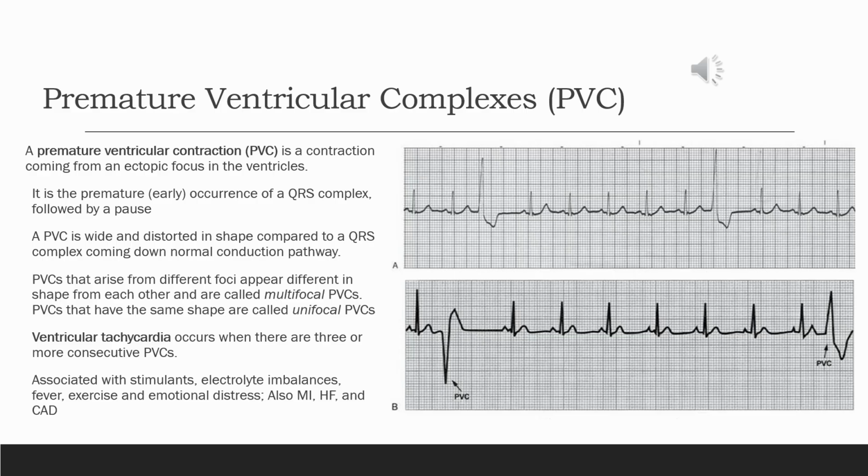So you can see here the underlying rhythm is a normal sinus rhythm, but it just has PVC. So we would call this normal sinus rhythm with PVCs. All right, so we'll talk a little bit more about these PVCs on the next slide as well.